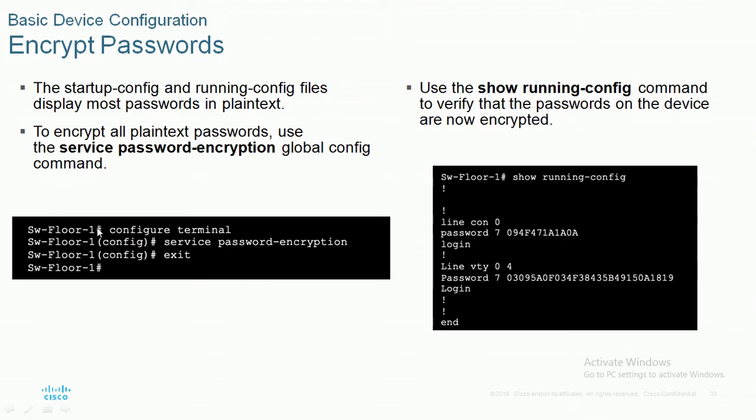Go to hash mode and apply show running config. It will display whatever you configured, everything. But if you applied this command before that, every password is encrypted. Okay, if you do not apply service password encryption, it will show plain text passwords.